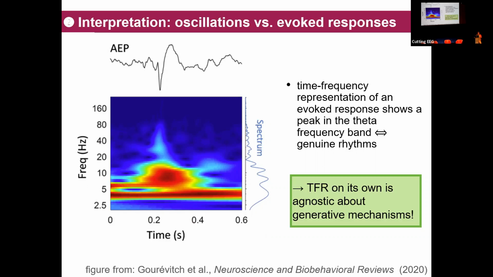The time frequency representation itself will not tell you about the generative mechanisms, how the signal was generated. So whether it's an oscillatory rhythm or an ERP, that's not what the method will tell you. The interpretation has to be made by you. And that's often quite tricky, and there are ongoing debates about that.